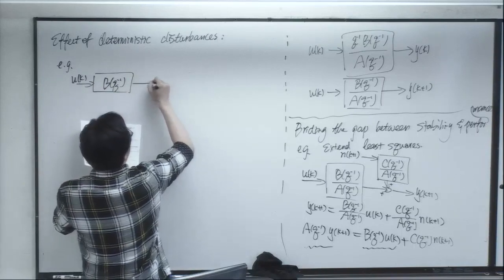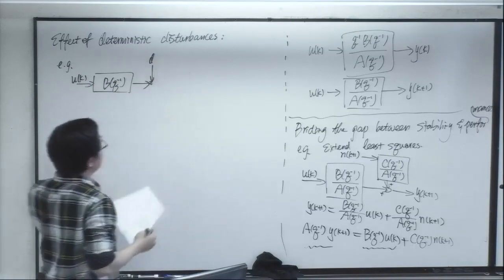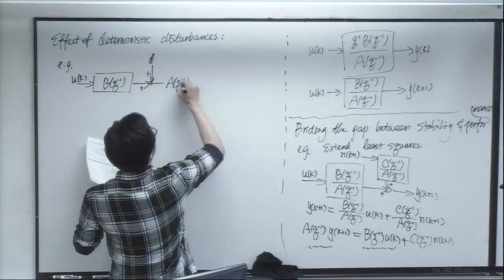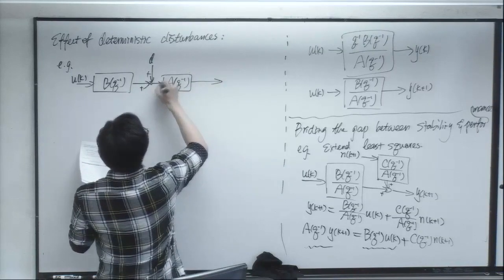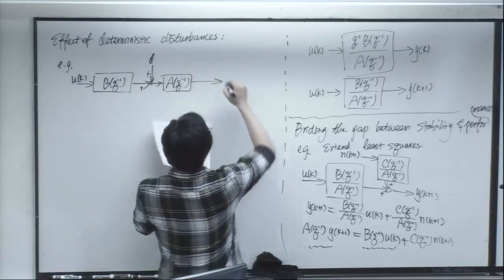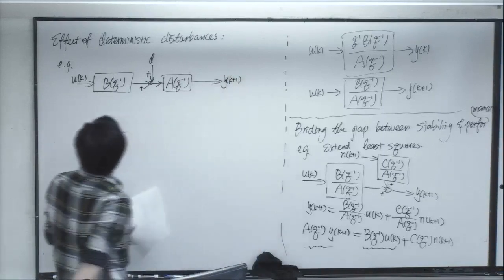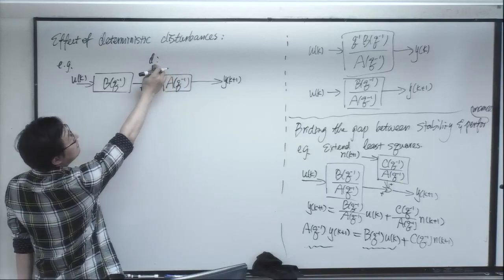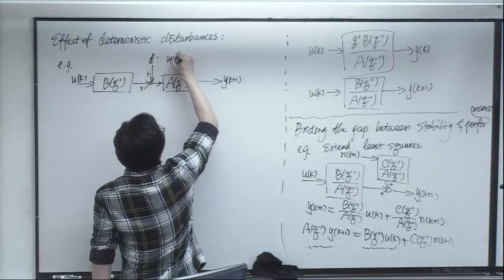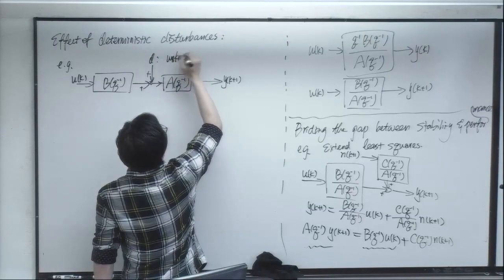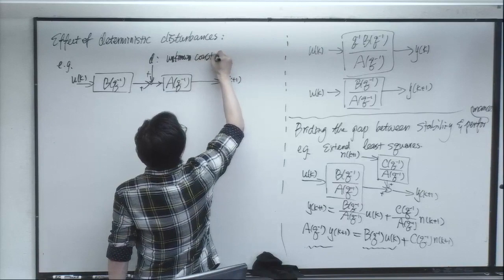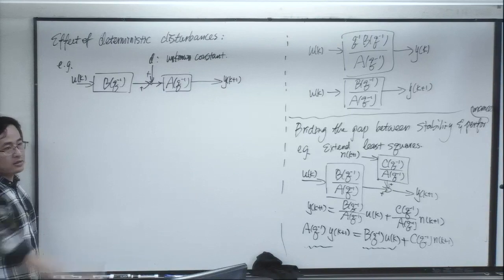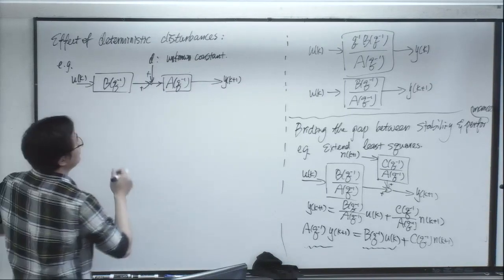Let's use this example where we have a constant disturbance going into the system model. Suppose this is a constant, but we don't know what the exact value this is. So that actually turns out it will be very easy to handle this kind of scenarios.